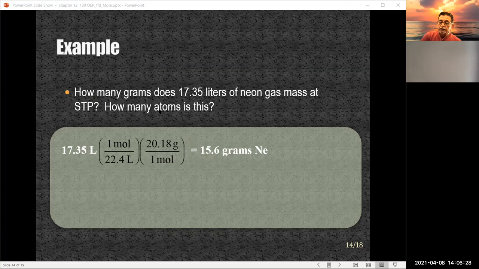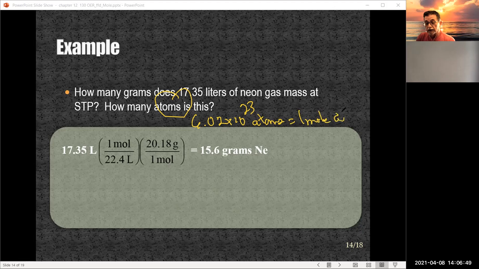Well, dealing with how many atoms tells me I need Avogadro's number. So for atoms, I'm going to need 6.02 times 10 to the 23rd atoms equal to 1 mole of atoms. That's my conversion factor.